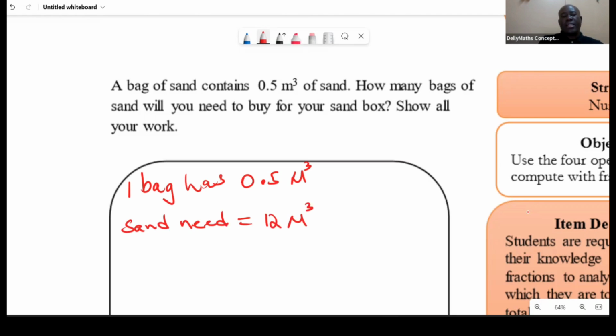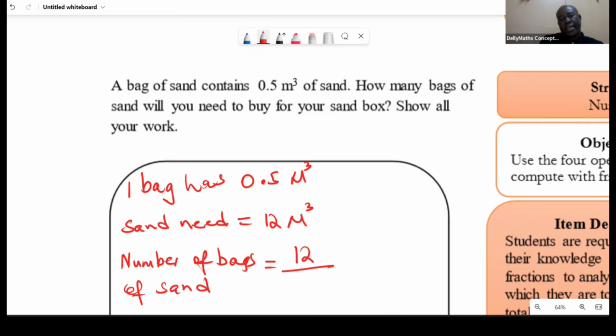Because we want to know how many bags, I'm going to write the number of bags of sand. The number of bags of sand is going to equal 12 divided by 0.5.